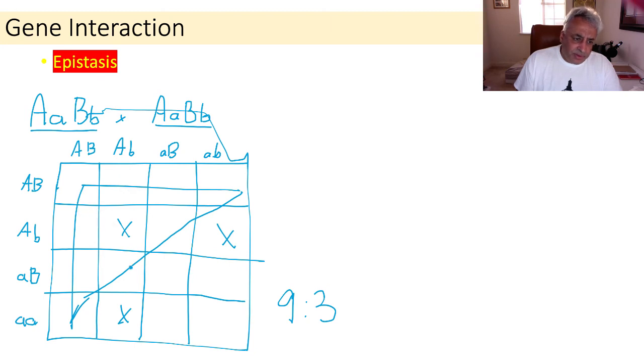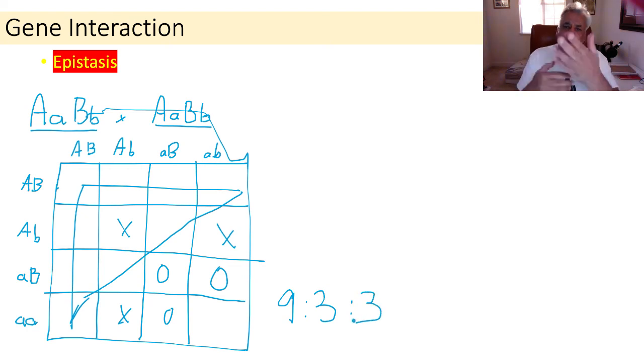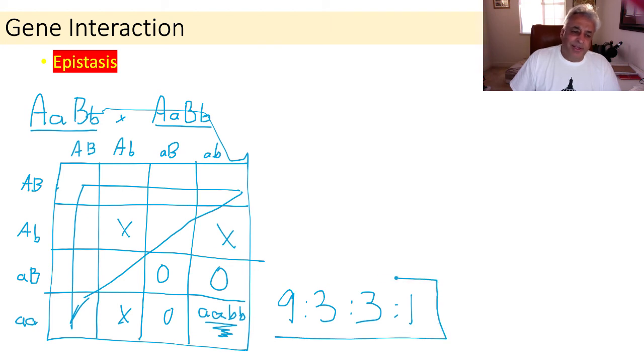These boxes here will have the other reciprocal orientation, where A is homozygous recessive, and at least one of the B's is dominant. And then this final box here will be small a, small b, a double homozygous recessive, and that would be 1. And that gives us back our classic 2-gene Mendelian ratio of 9:3:3:1.